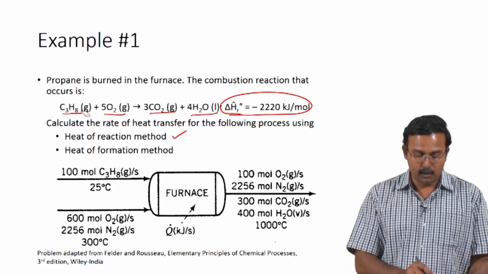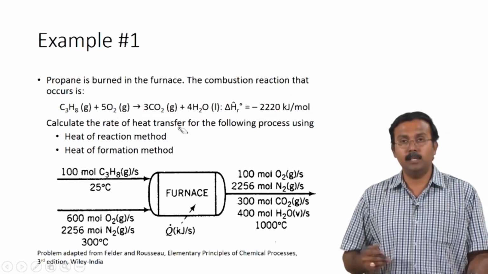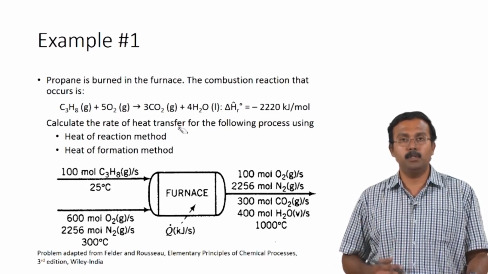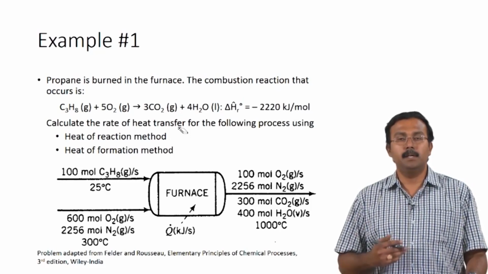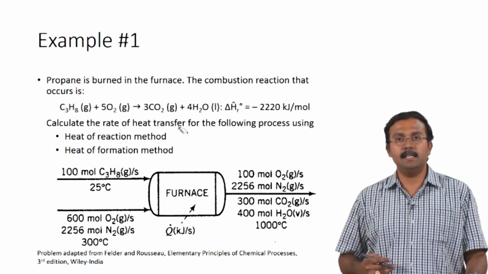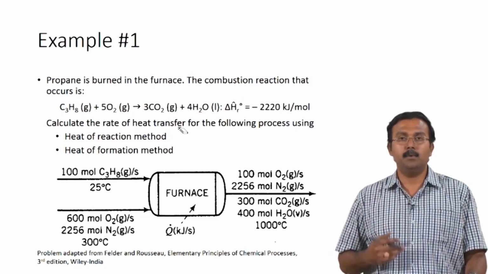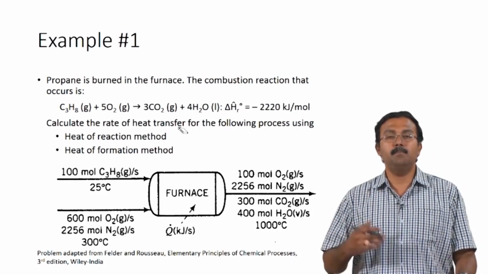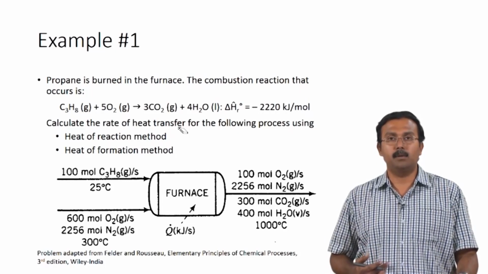So, the idea is to try and do this together. So, we will see how this actually works and we will try to solve the same problem using both the techniques. So, obviously you would end up with the same values, but we want to learn both the techniques and get familiarized with these concepts. Once we do that, we would also look at how the heat of formation method actually implicitly accounts for the heat of reaction while we perform the calculations.